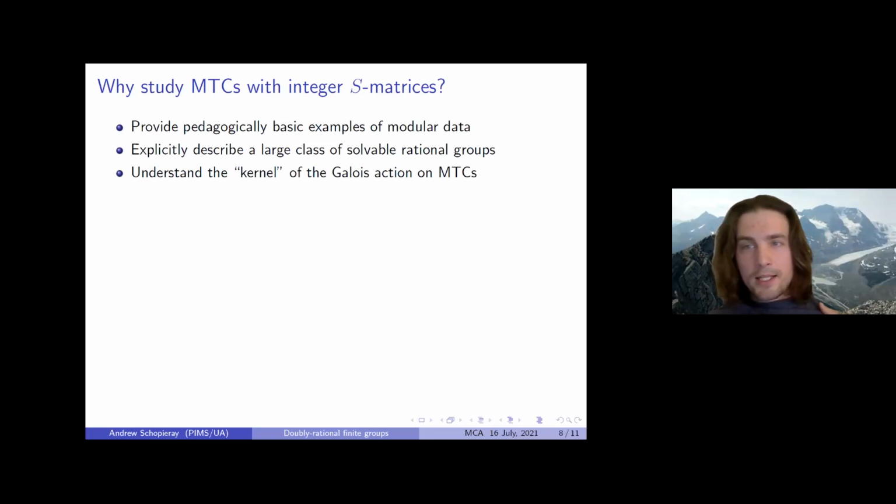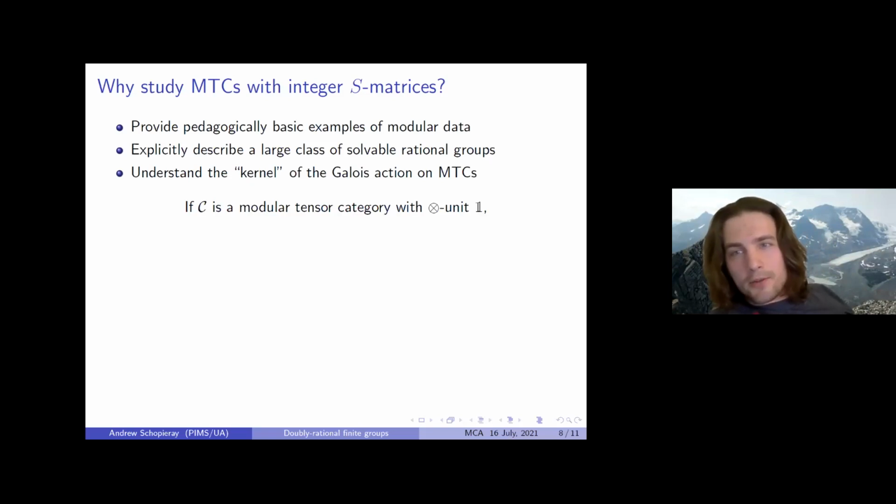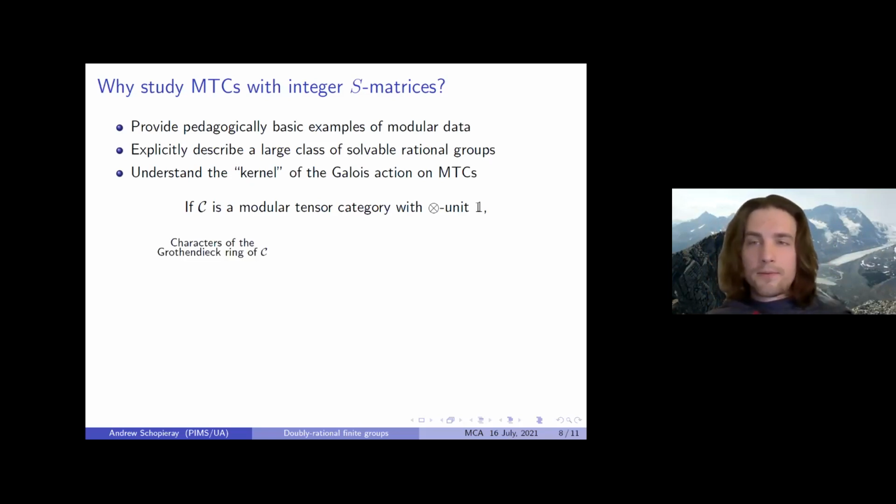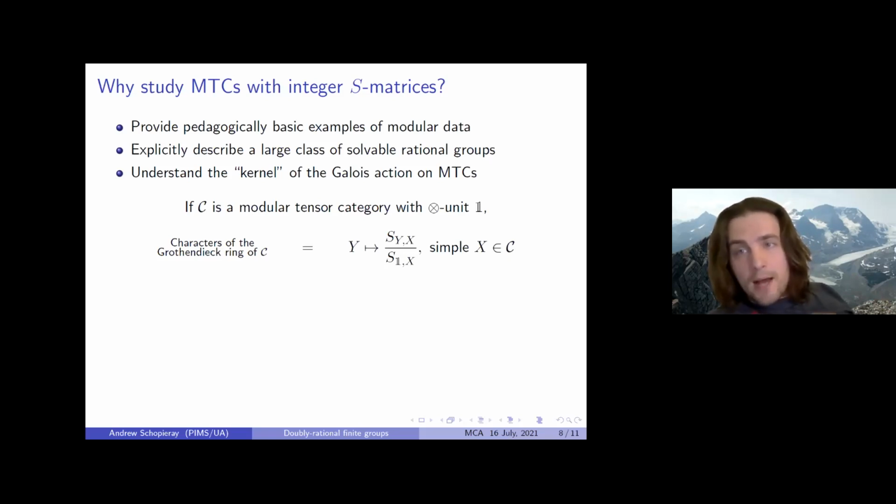And these integer S matrices sort of represent the kernel, very loosely construed, of this Galois action. So the Galois action, just to remind you if you aren't familiar, is that if I have a modular tensor category with a tensor unit 1, then the characters of its Grothendieck ring, or of its fusion rules, are in one-to-one correspondence with simple objects in this category in the following way.